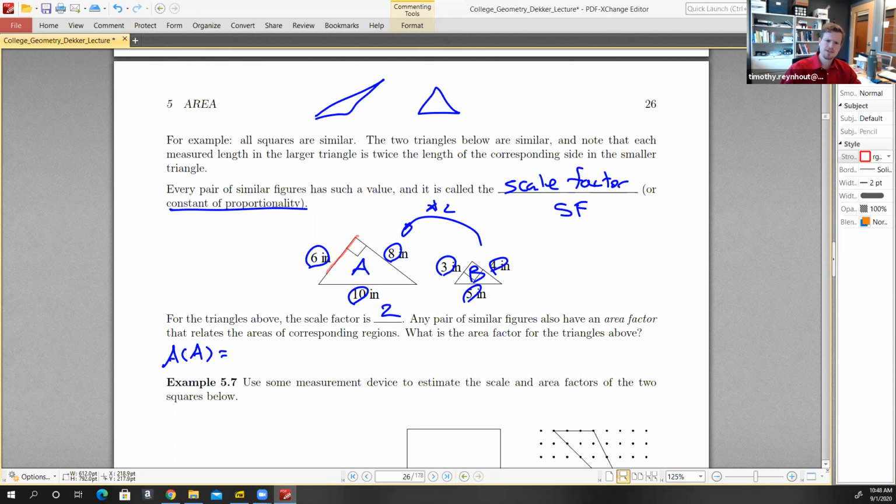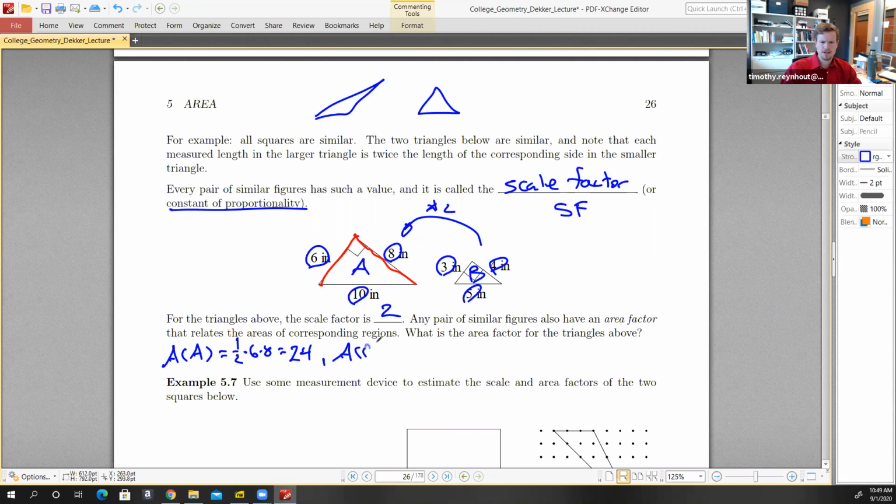So if we call this the base, then the opposite vertex would be this guy, and the altitude would actually be this side because that side is already perpendicular. So the height would be 8. So with a base of 6, we would have a height of 8. Or you could choose this to be the base, and then 6 would be the height. But either way, base times height is 6 times 8. So we've got 1/2 of 6 times 8. 6 times 8 is 48. 48 divided by 2 is 24.